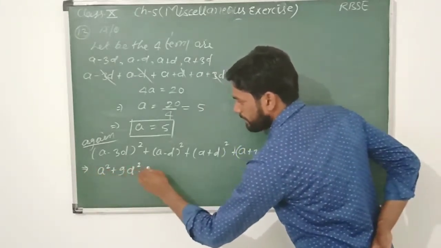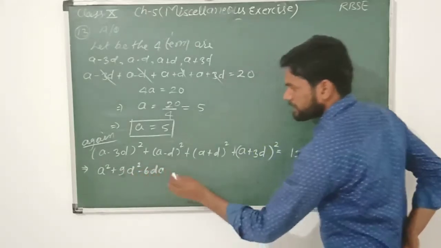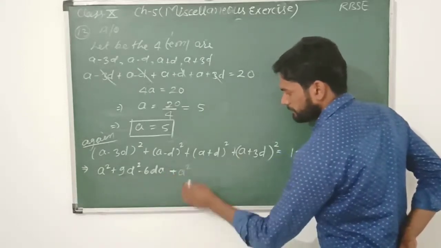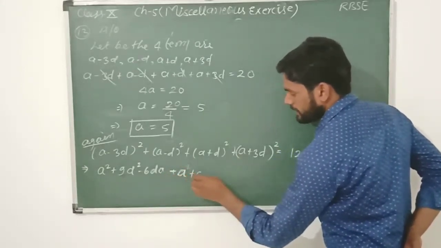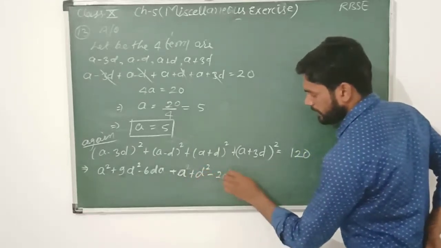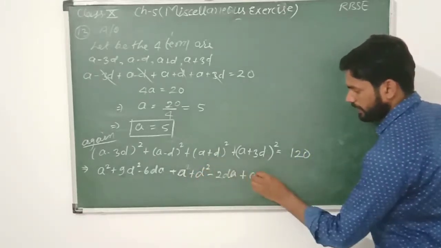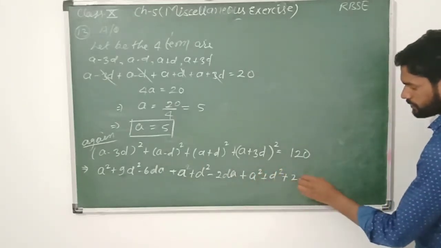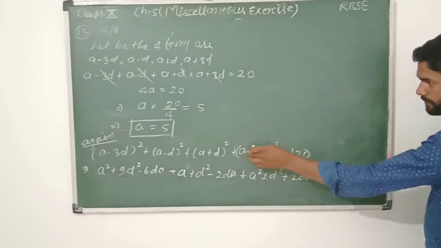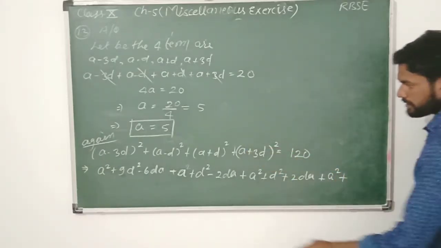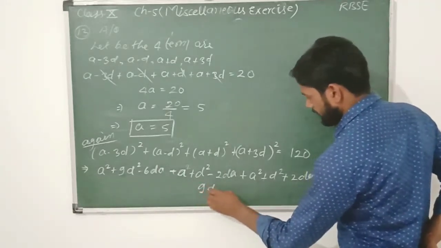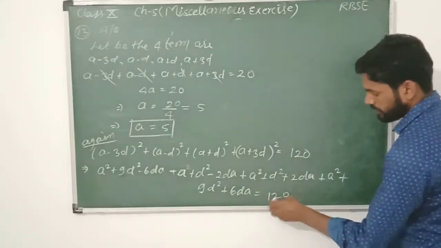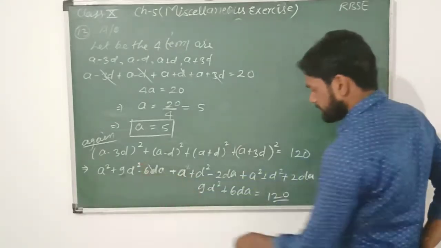a square plus 9d square minus 6da, plus a square plus d square minus 2da, and from here a square plus d square plus 2da, from here a square plus 9d square plus 6da is equal to 120.